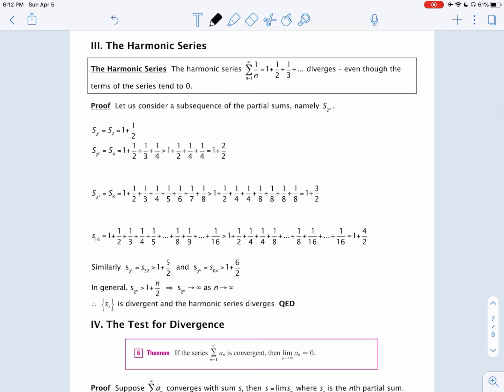All right, so in this proof that the harmonic series diverges, we actually use the formal definition of a convergent series, which is we set up a sequence of partial sums. It is in the proof using the fact that if we've got a sequence that has a limit, every subsequence of that sequence is going to converge to the same limit.